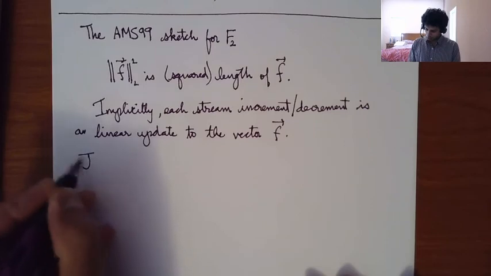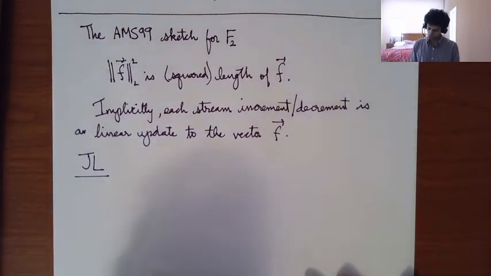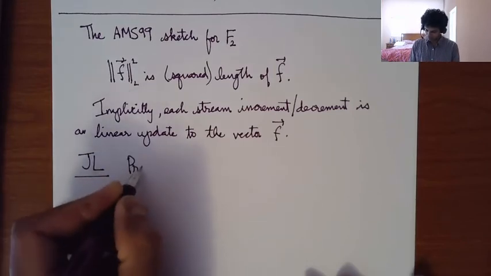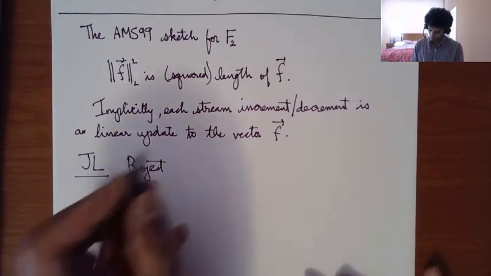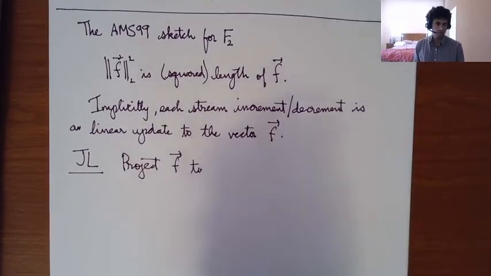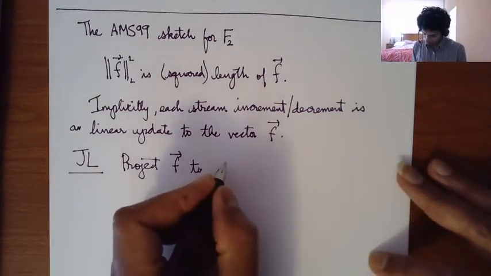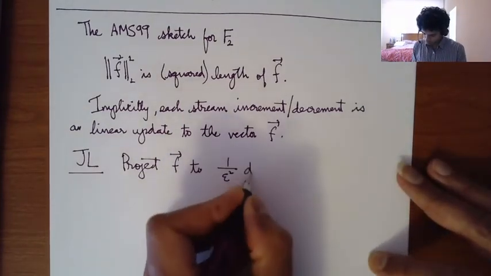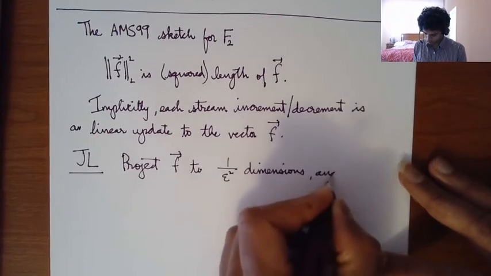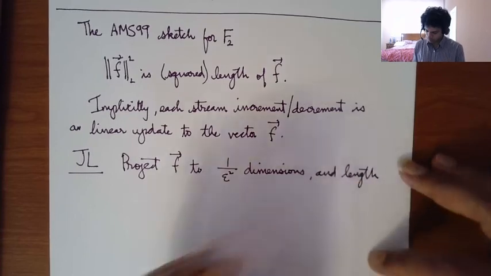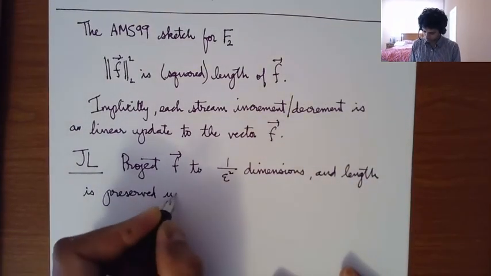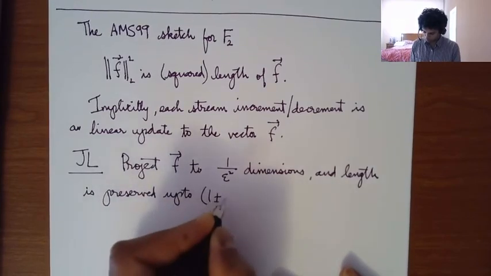Now let's use Johnson-Lindenstrauss. Johnson-Lindenstrauss says you can project F, essentially, if you go through the math, to 1 over epsilon squared dimensions, and the length is preserved up to a 1 plus or minus epsilon factor.